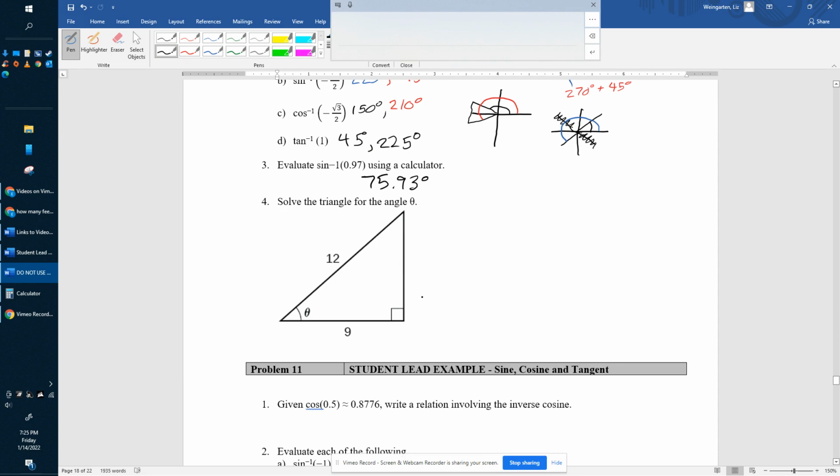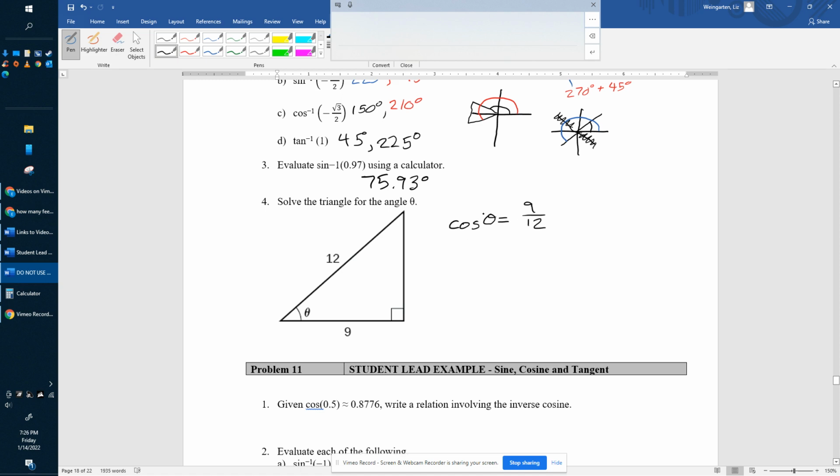Solve the triangle for angle theta. So we're trying to figure out what this angle is right here. We know the adjacent and the hypotenuse, so we can use cosine to figure this out. Cosine of theta is equal to 9/12.